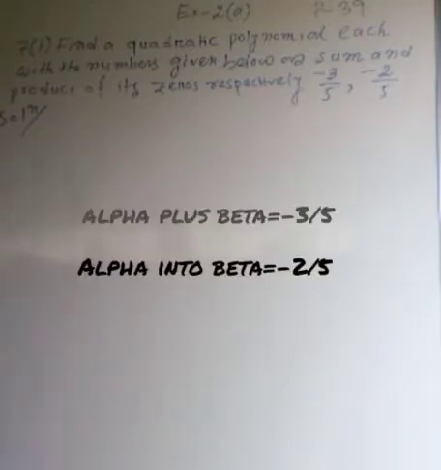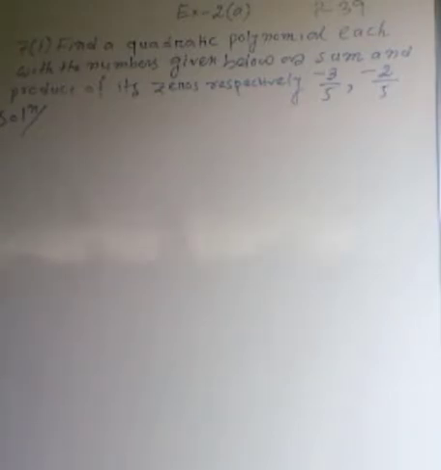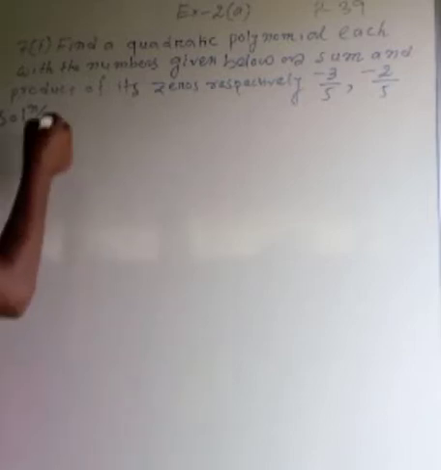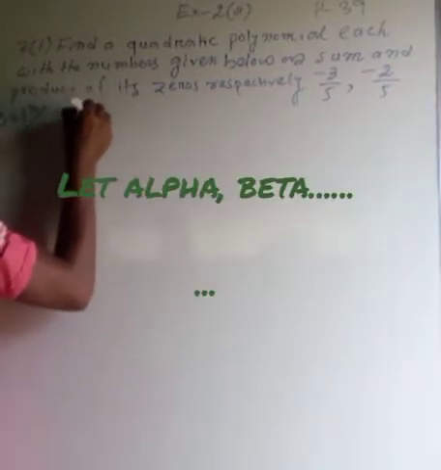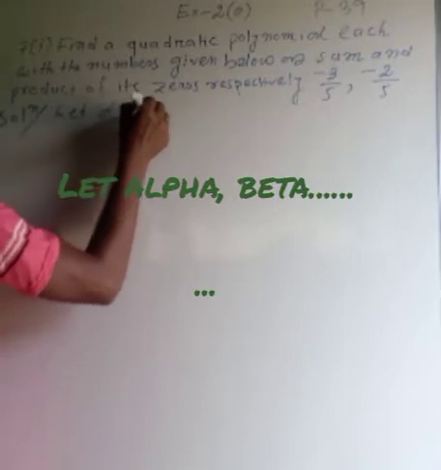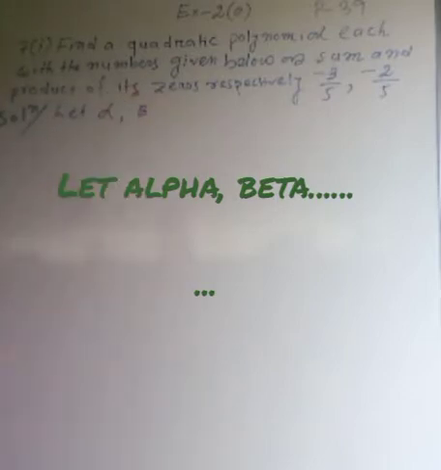How can we start? We will consider the two zeros. Let alpha, beta be the zeros.